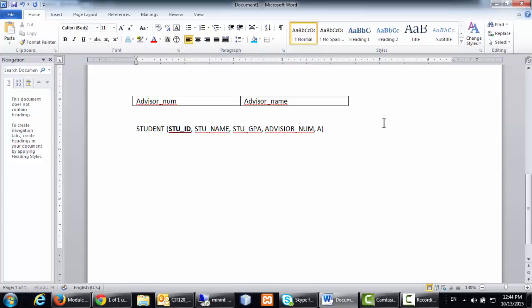You need to remove the advisor name from the student table, right? And the advisor number should be the foreign key to refer to the advisor table, if you want to get the advisor name.